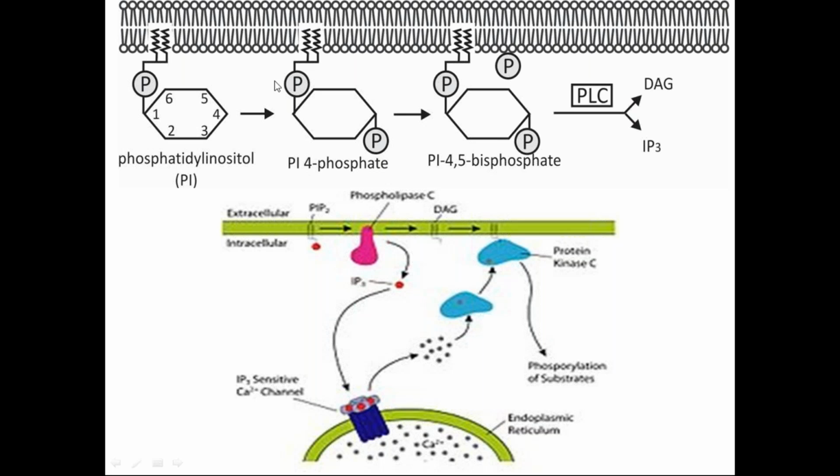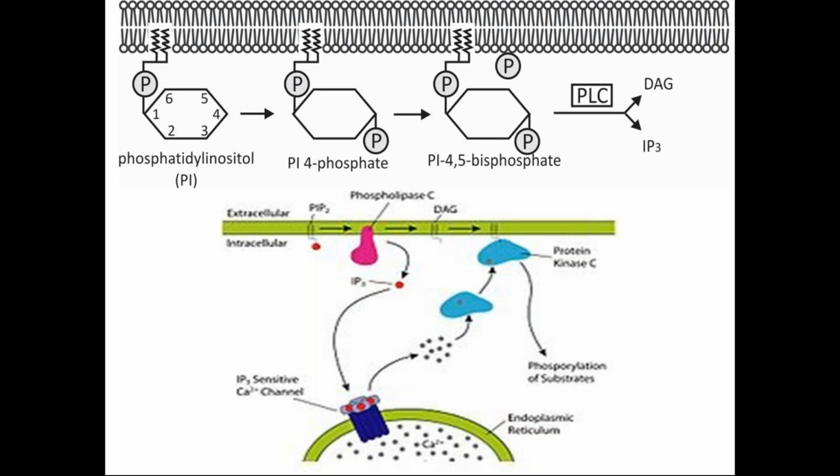It has given the signal to this phosphatidylinositol, and this phosphatidylinositol has given its end products, the DAG and IP3. If this DAG and IP3 are standing just like that, the message cannot go forward. That is why they are called second messengers.